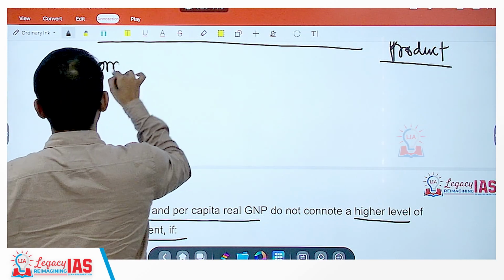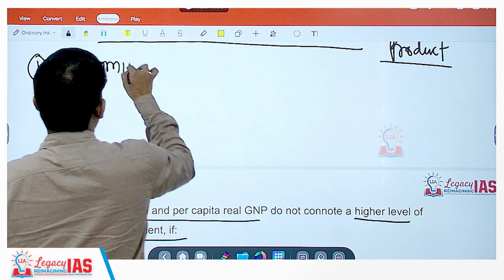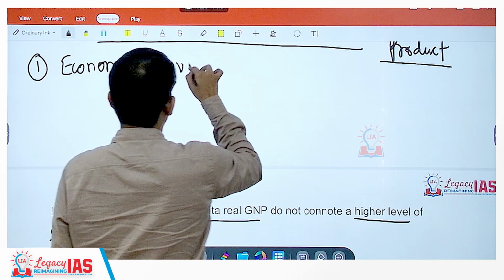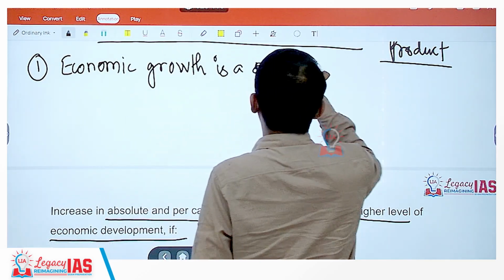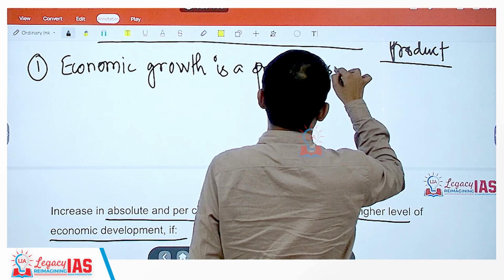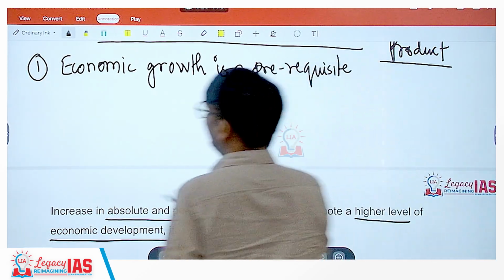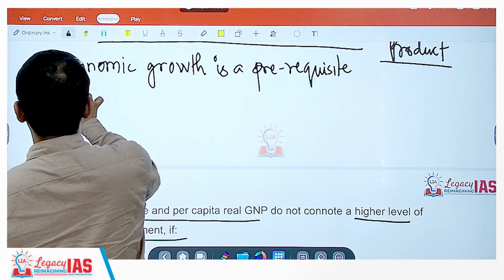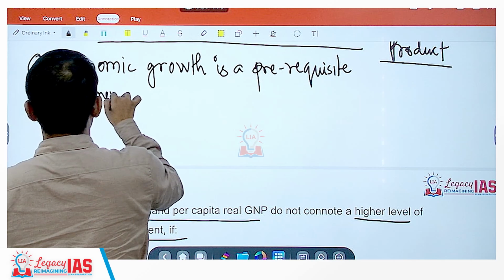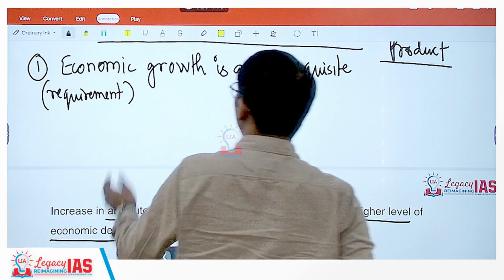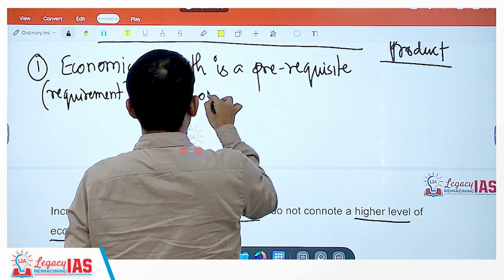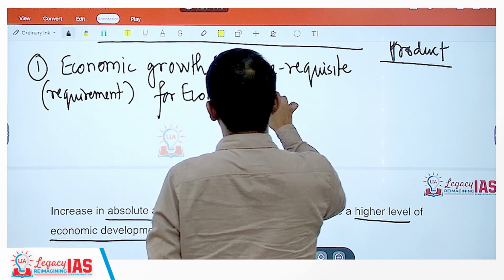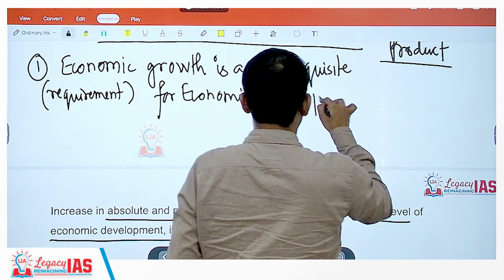economic growth is a prerequisite, as in a necessary requirement, for economic development.